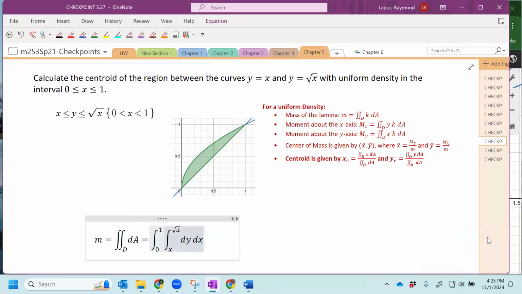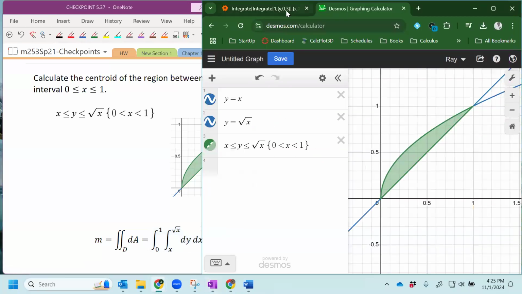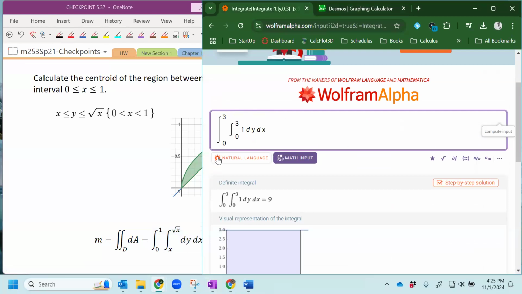We should be able to do this by hand, but for the sake of doing it quickly, let's do it using a calculator. We have x and the square root of x.